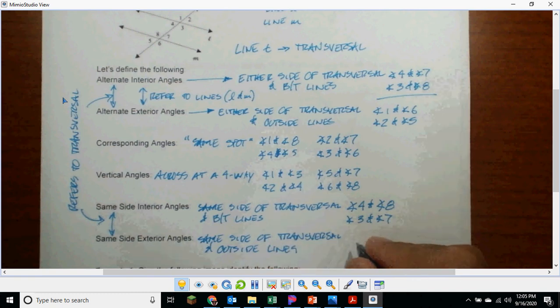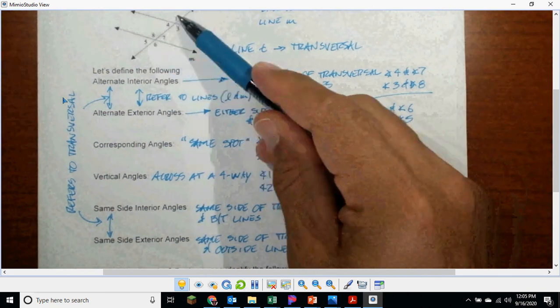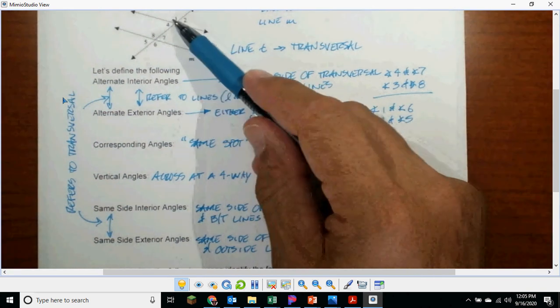So same side exterior are angle 1 and angle 5. Outside of the lines, but on the same side of the transversal.